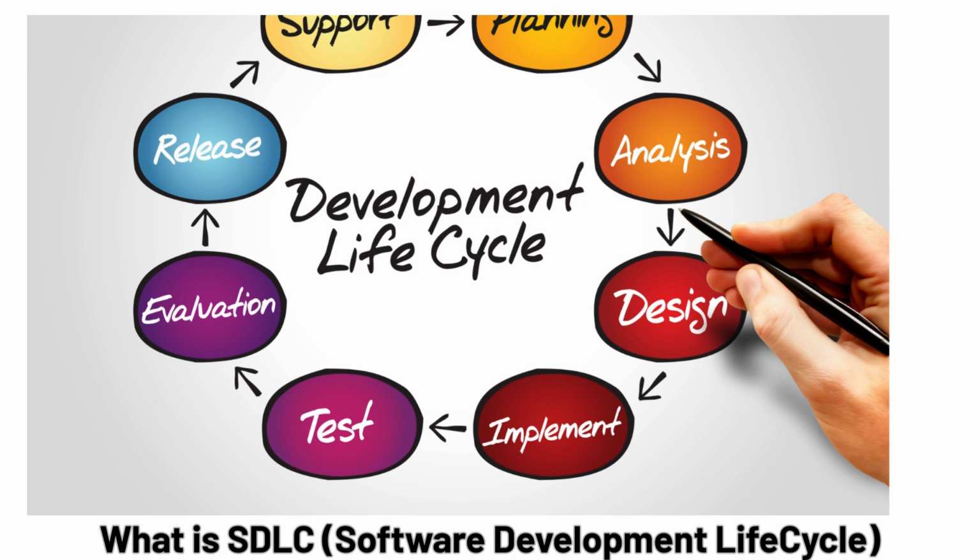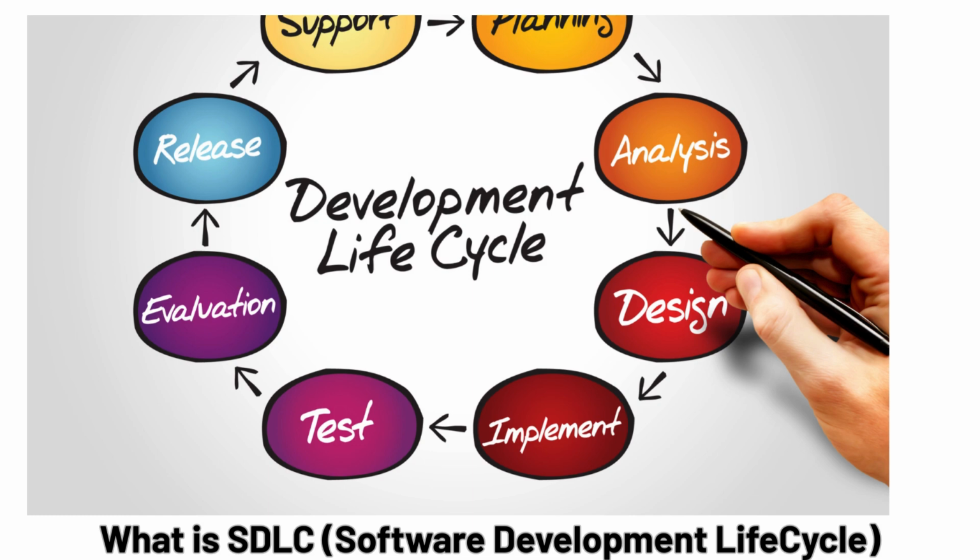SDLC stands for Software Development Life Cycle. It is the structured, repeatable process teams use to plan, build, test, release, and improve software so that it reliably delivers business value.